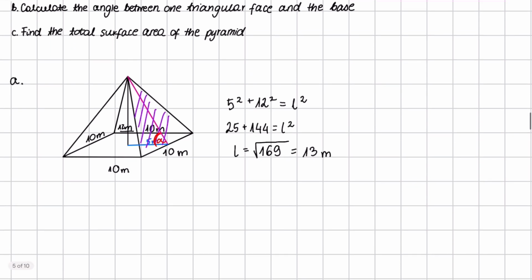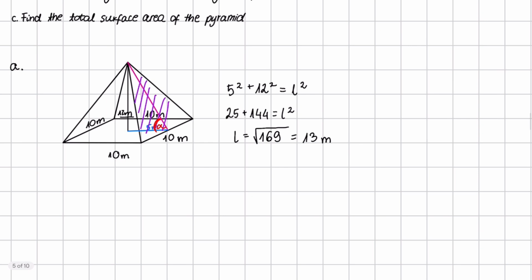So we can redraw this smaller triangle, because this angle is inside this triangle. So this is our triangle. Here we have alpha. Here, of course, we have a right angle, so 90 degrees. Here we have 5 meters, here we have 13 meters, and here we have 12 meters.